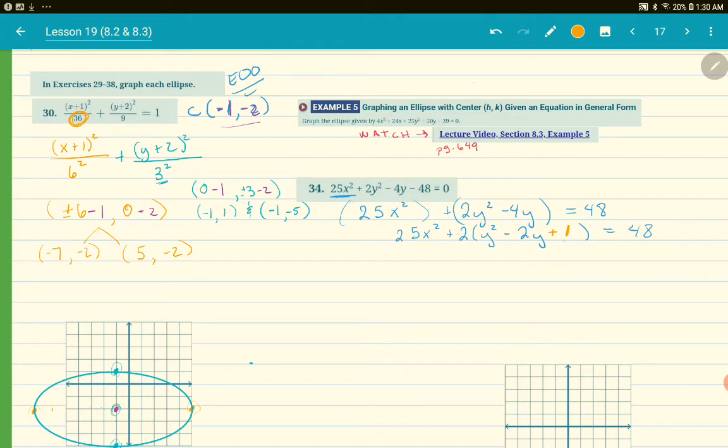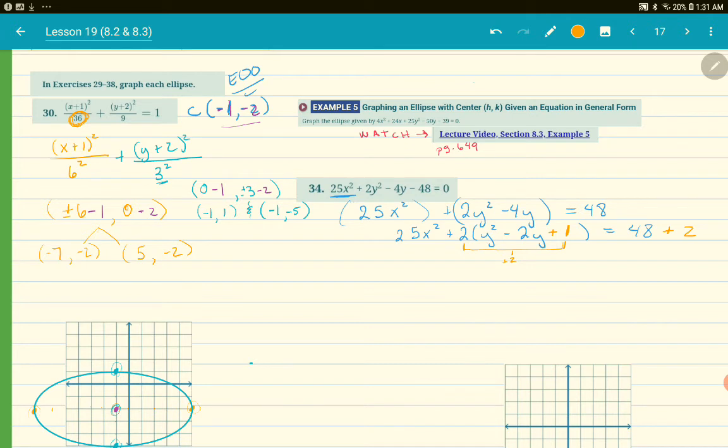So that's a 1. Whatever I do on the left side of the equation, I've got to do on the right. But that 1 is not being added alone, right? It first has to get multiplied with what's outside. So that gives me a plus 2. So that is what goes on the right-hand side. Because on the left side, the effect of that positive 1 is that it's really adding 2 to the left side of the scale. So I have to add 2 to the right side as well.